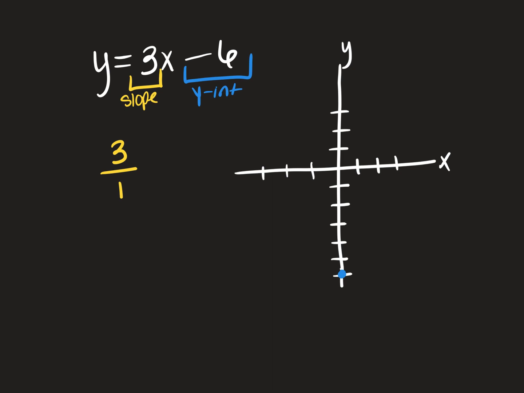All right, so remember, slope is rise over run. So our top number is going to tell us if we go up or down, right? The bottom number is left and right. So since this is positive, we have 2 options. We can go up 3 and right 1. We could also go down and left.